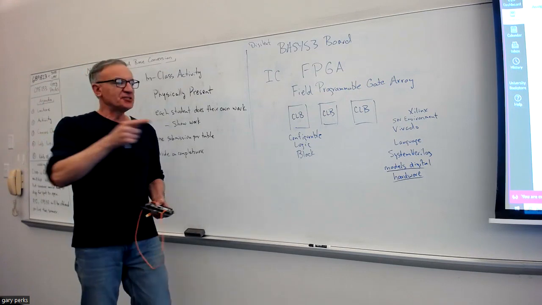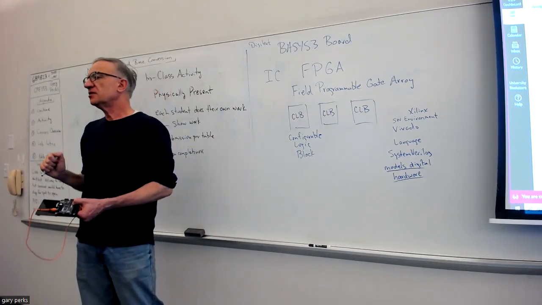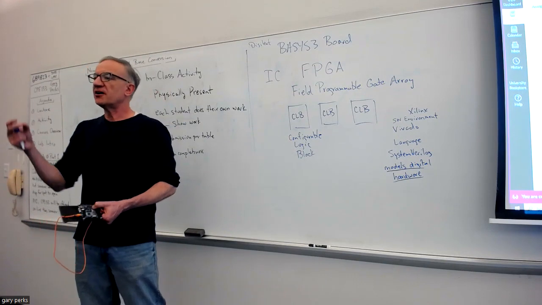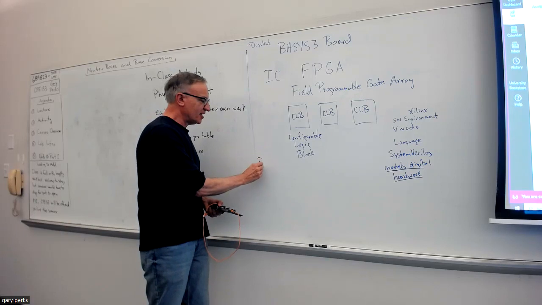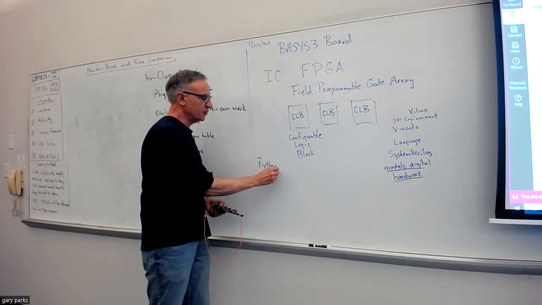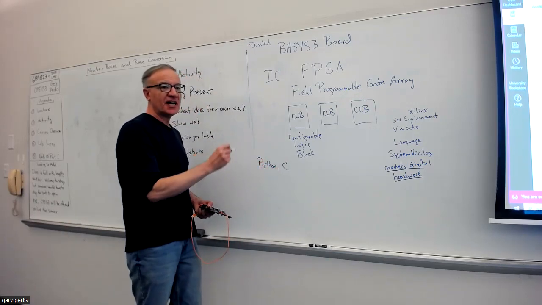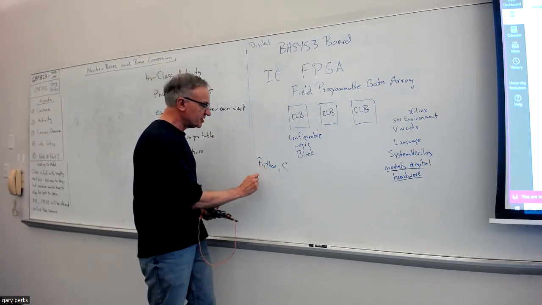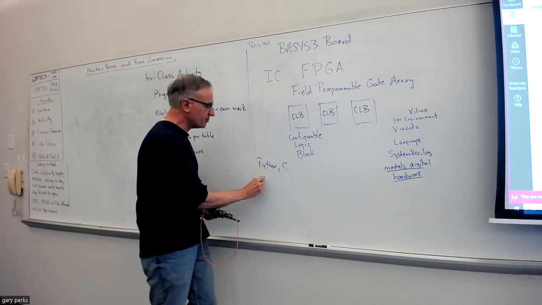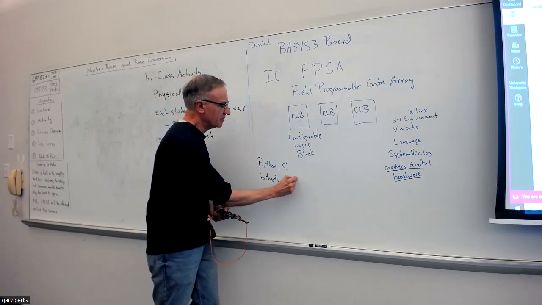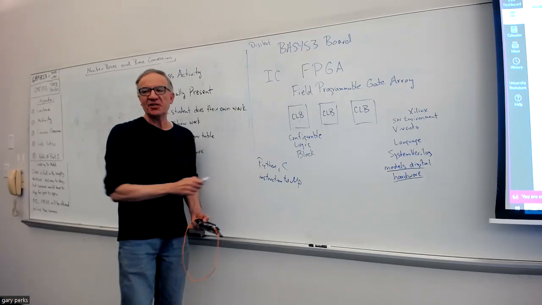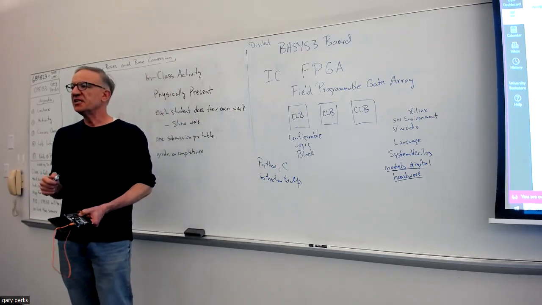That's the big difference between a language that models digital hardware and a high-level language like Python or C or any other high-level language. These languages are instructions to a microprocessor. The micro with the P, that's my shorthand for microprocessor.